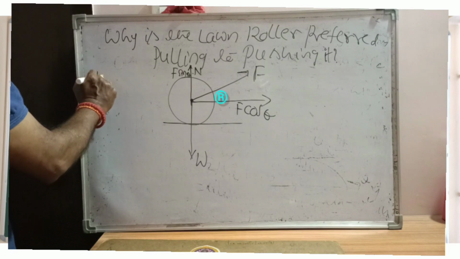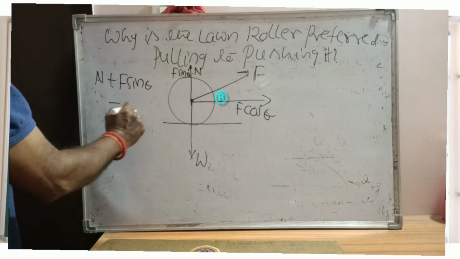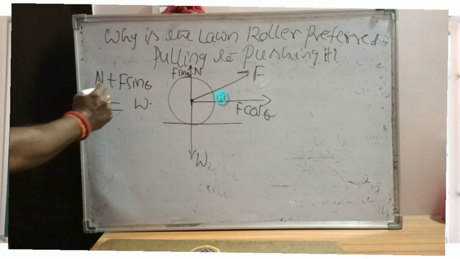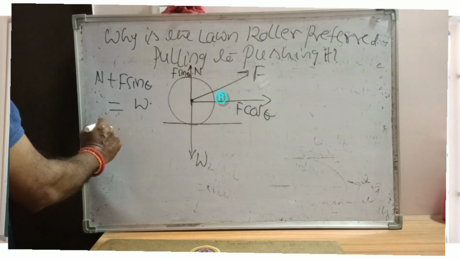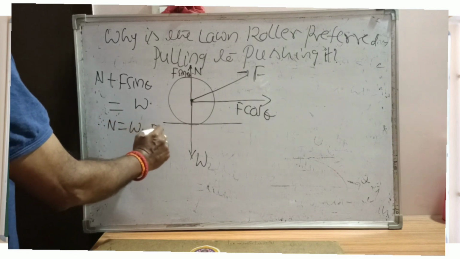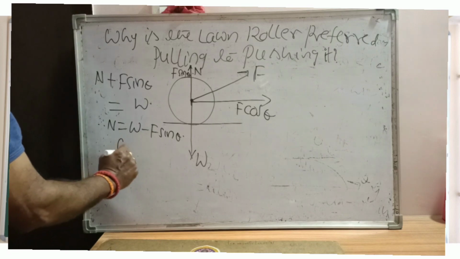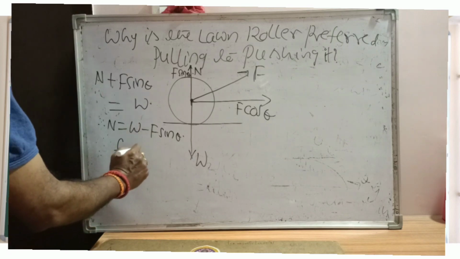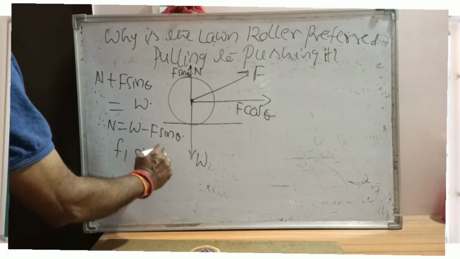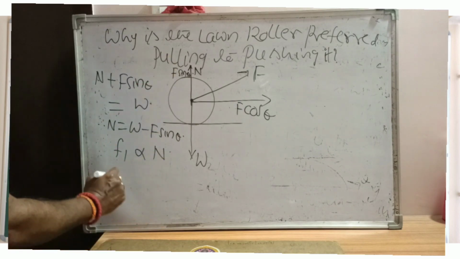Therefore N plus F sin theta is equal to W. Therefore N is equal to W minus F sin theta. But we know that force applied is directly proportional to the normal reaction.